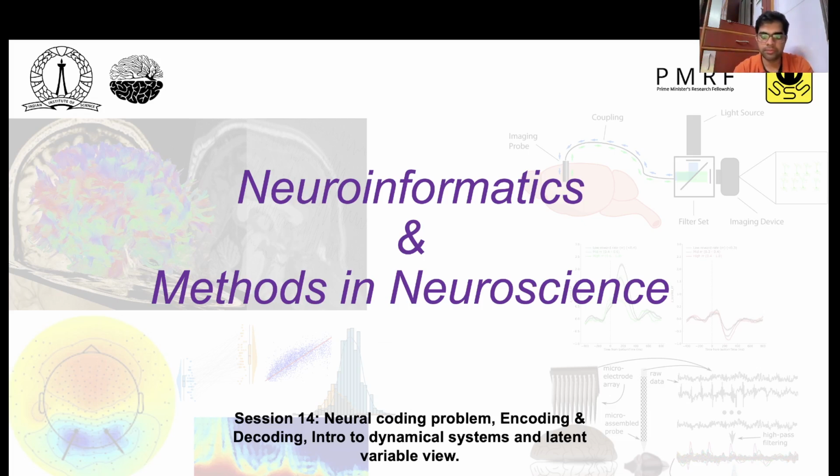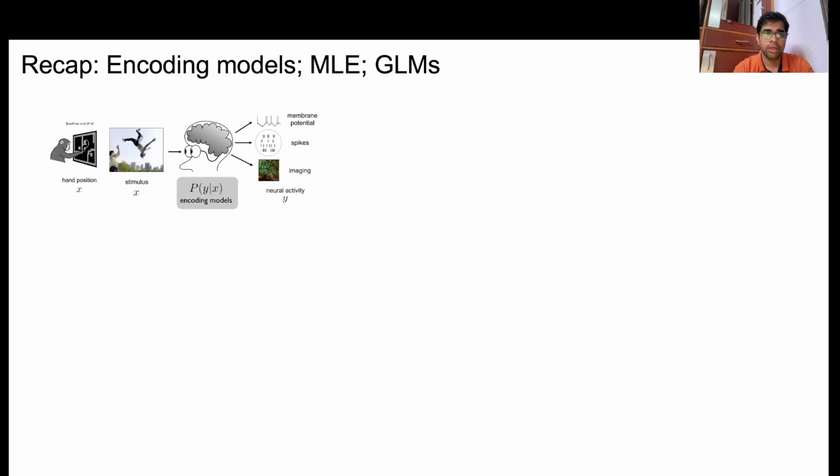So we'll get started. From yesterday we have seen what encoding models are. That is, we are trying to map a relation between the neural activity, depending on the kind of recording, whether it is electrophysiology recording or EEG or ECoG or MRI, etc. And we are mapping what features of the stimulus are correlated with the neural activity.